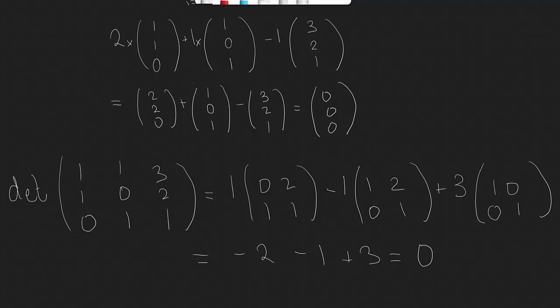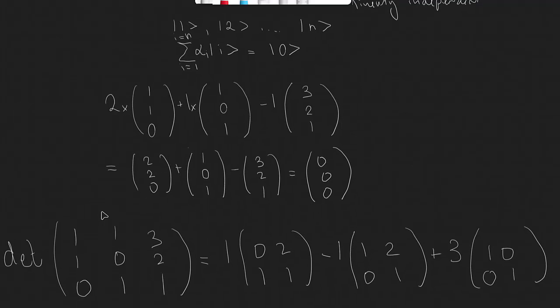And just a little note that there is a mathematical trick with determinants. Every time we want to check whether some vectors are linearly independent, we can write them in a matrix in columns. For instance, we want to check whether 1, 1, 0, 1, 0, 1, and 3, 2, 1 are linearly dependent.